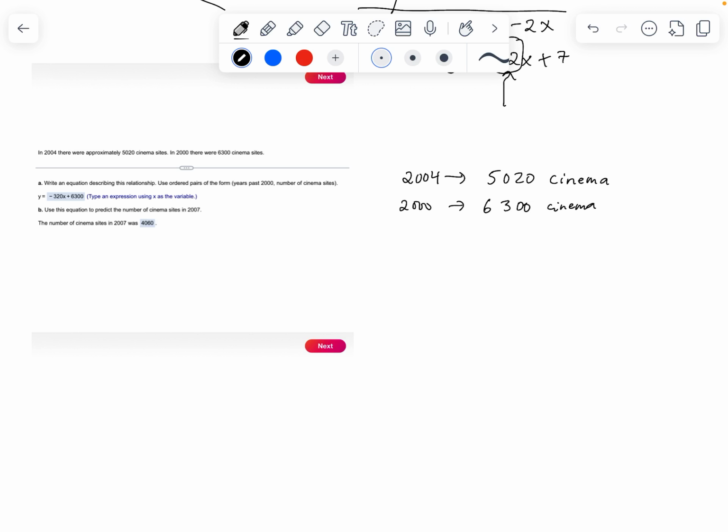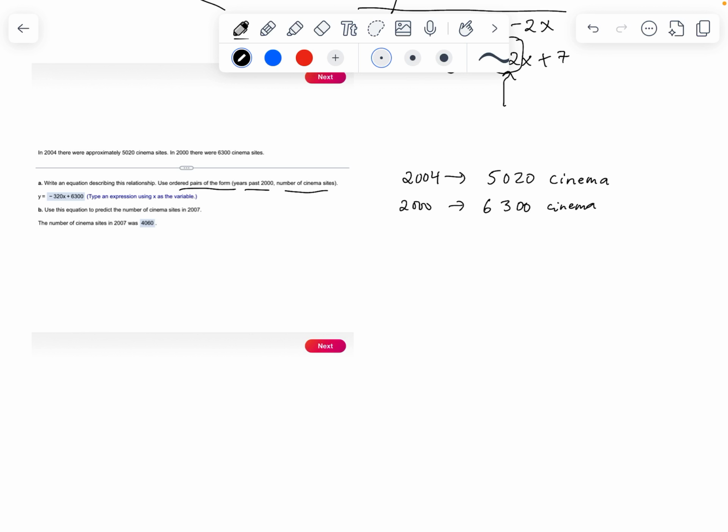It says write an equation describing this relationship. So here we are assuming that it's a linear relationship. They say use ordered pairs of the form years past 2000 and the number of cinema sites.